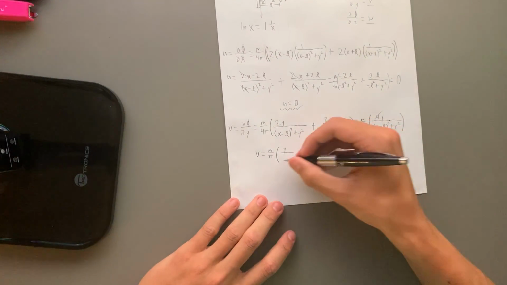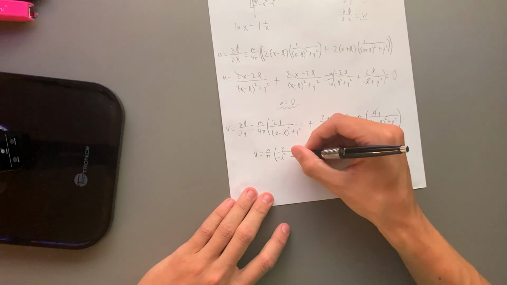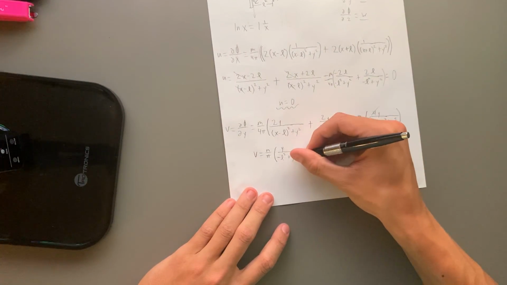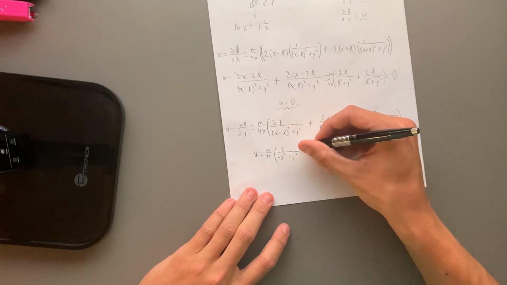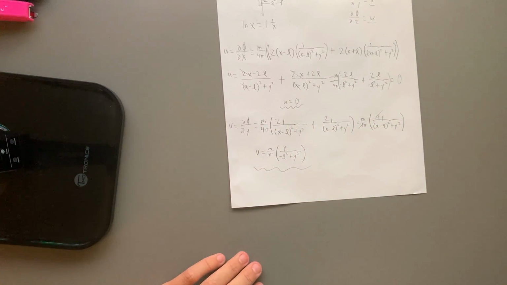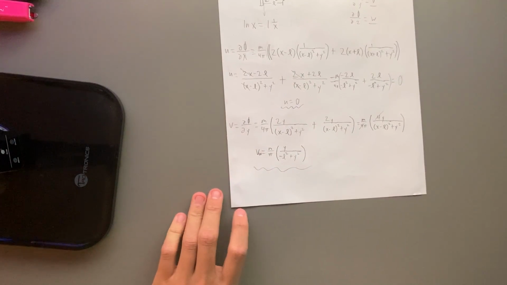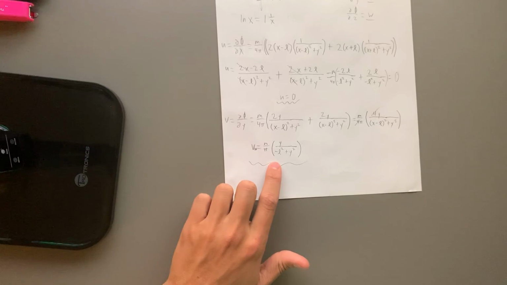Of course, makes sense. So once again, we're gonna write negative L squared plus y squared, and this gives us our V value.